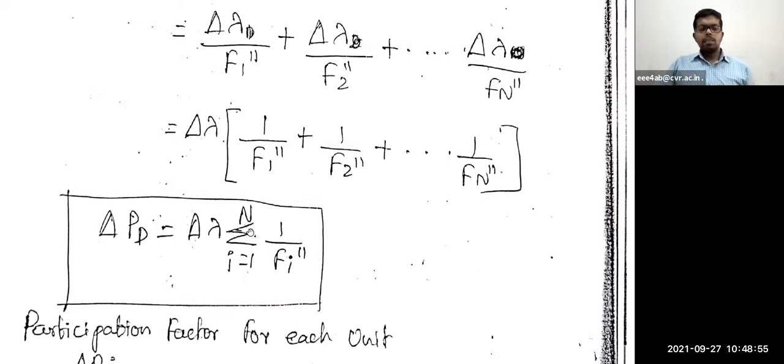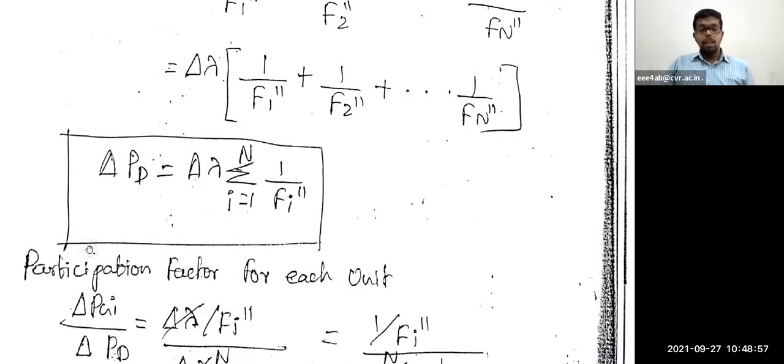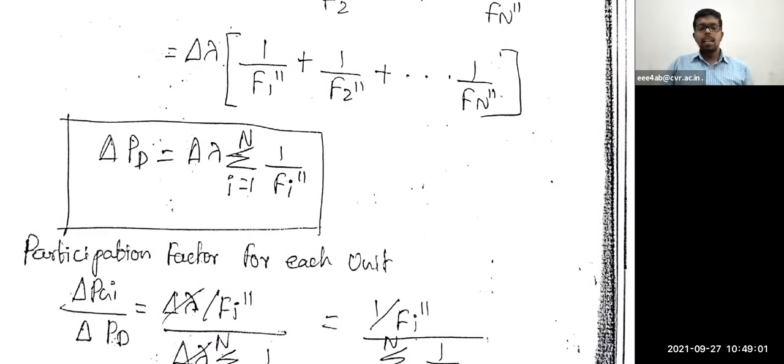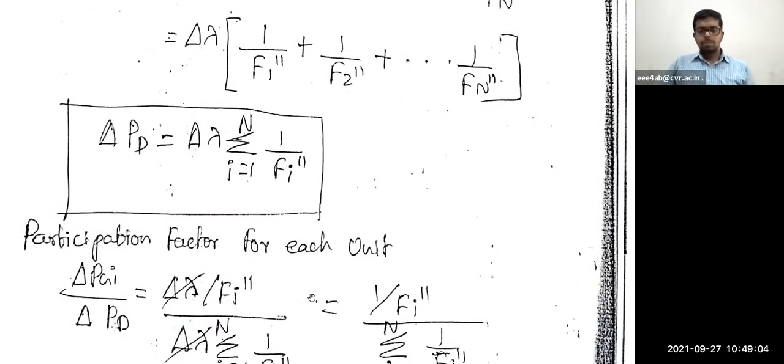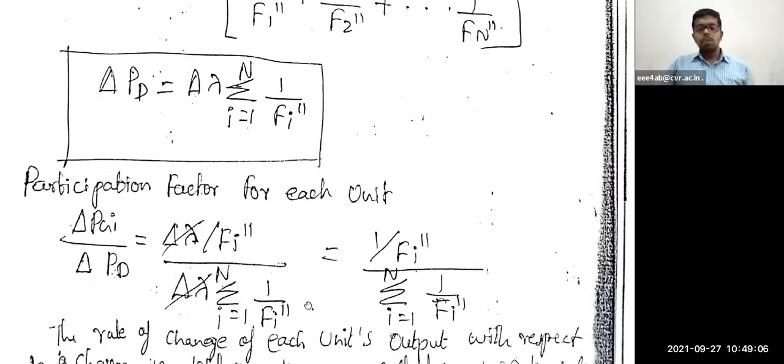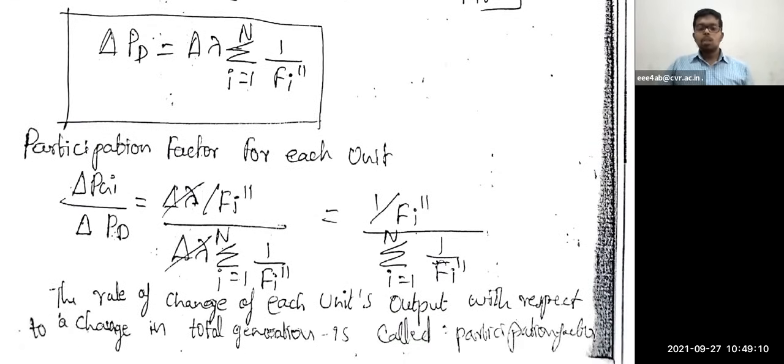Now, what is the participation factor of each unit? It is the rate of change of each unit's output with respect to the change in the total generation.